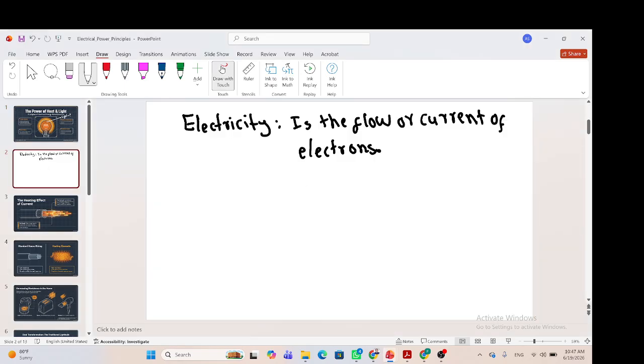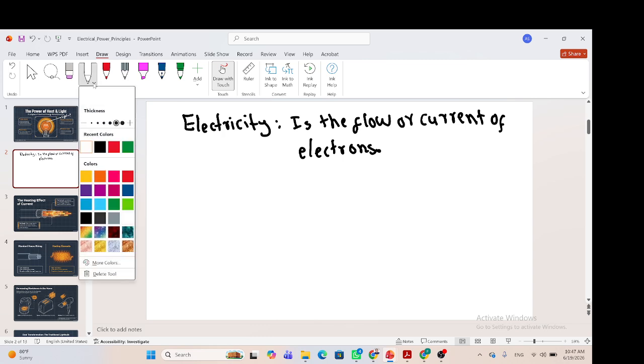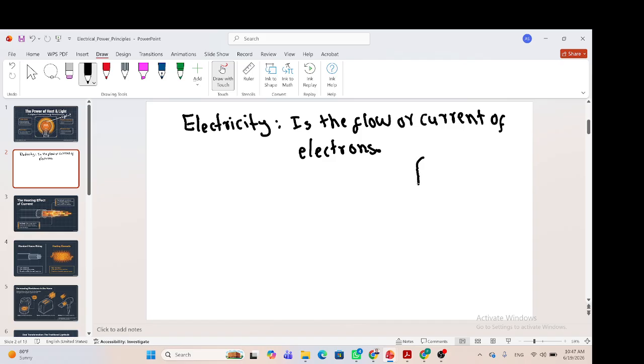For example, this is the lamp. Let me draw the lamp here. Okay, so this is the lamp. Till this point there is nothing important, and in this point we have something.